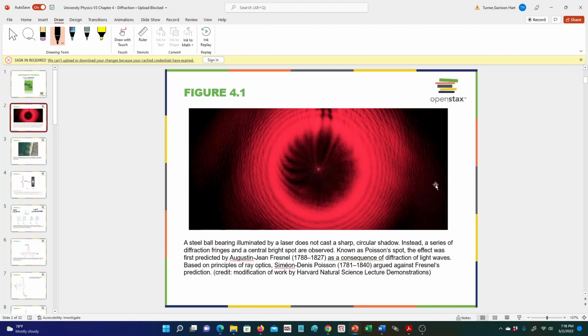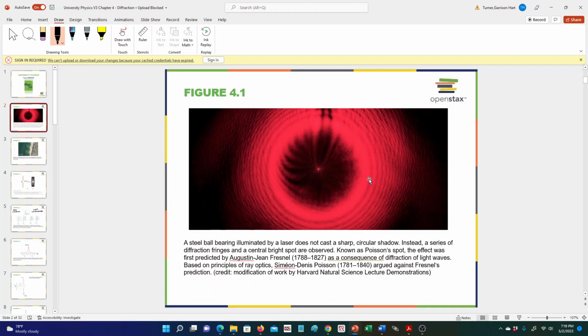All of the spherical waves that went around the ball bearing have interfered with themselves at that point, so you get a bright spot, but then you see the circular pattern radiating outward, and those are the areas of interference where the diffracted waves have interfered with each other once again.